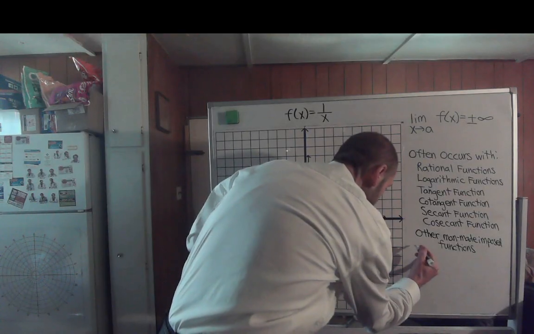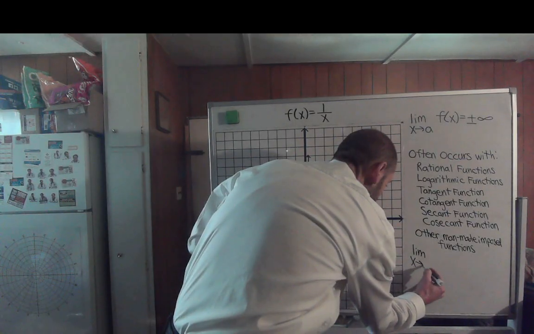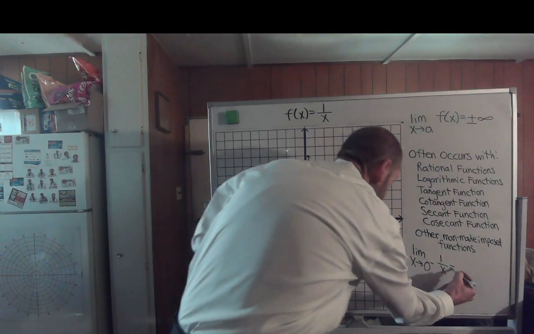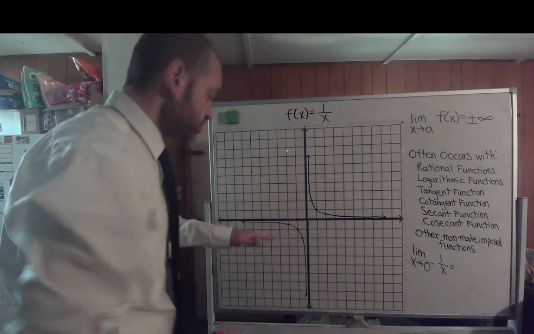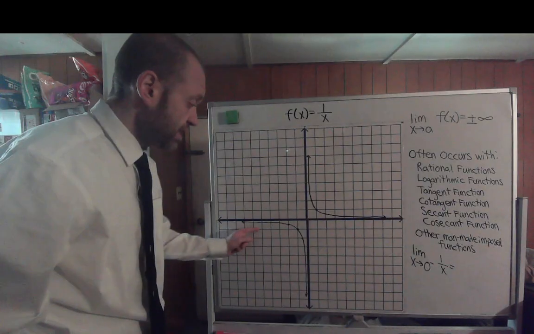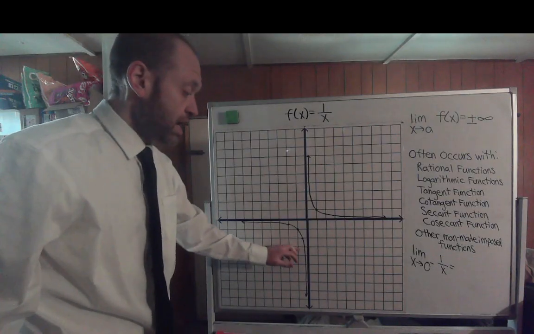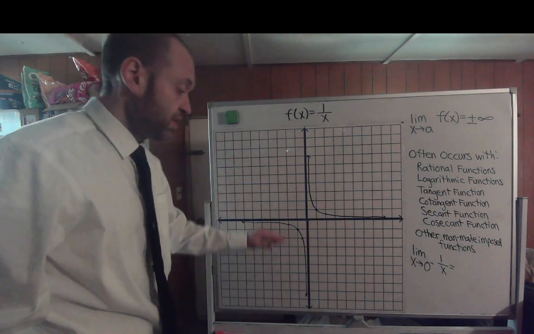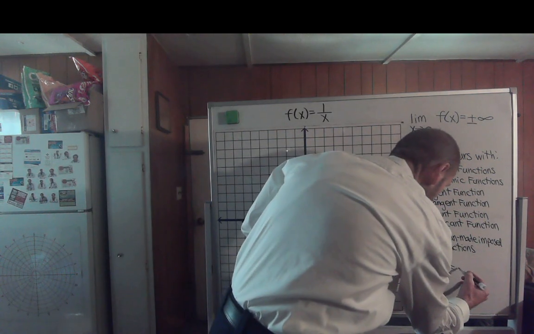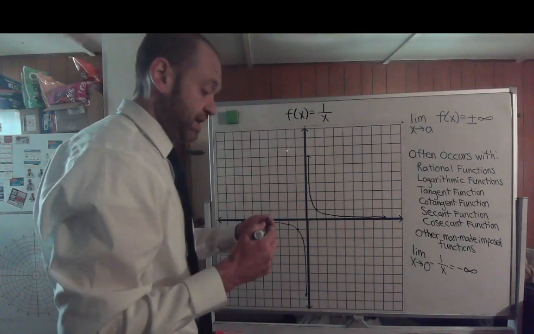So if I take the limit as x approaches 0 from the left of 1 over x, I'm getting infinitely closer and closer to the x value of 0. I'm moving towards a value of negative infinity. It keeps getting infinitely and infinitely negative. So the limit as x approaches 0 from the left is going to be negative infinity.